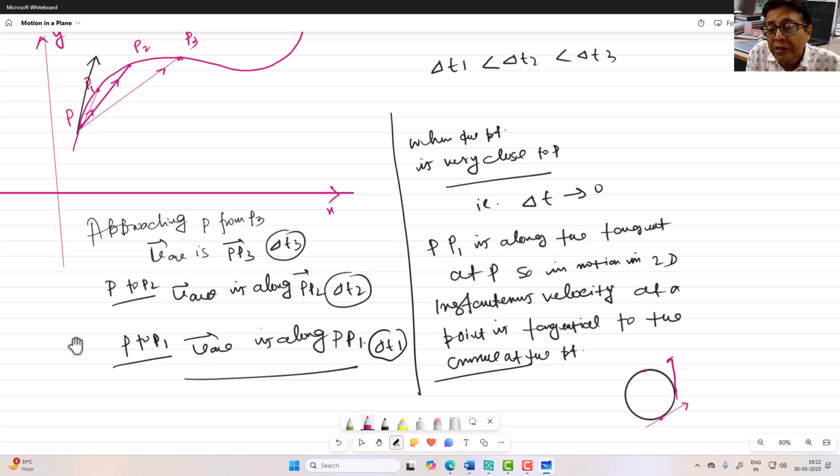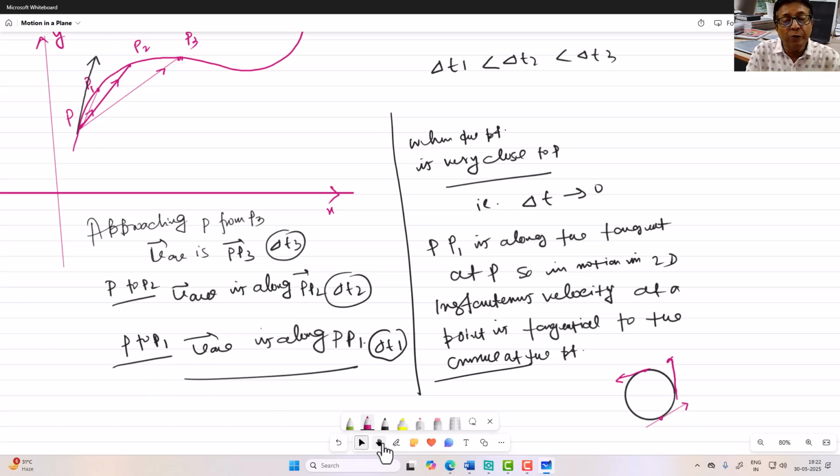Everywhere the particle is situated, its direction of velocity, this is very important. This is not the case for average velocity. For average velocity, it is directed along the displacement vector, but for instantaneous velocity, it will be tangential to the path always. Clear?